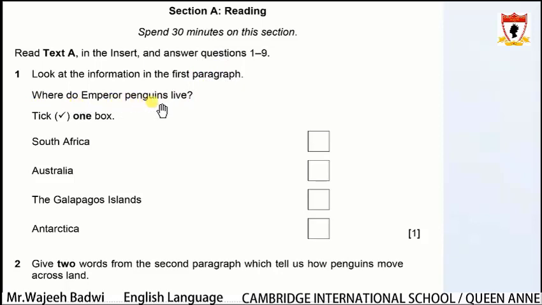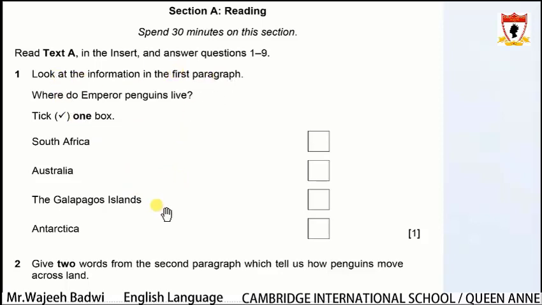Where do emperor penguins live? Do they live in South Africa? Do they live in Australia? Do they live in Galapagos Island? Do they live in Antarctica? Okay. Let's read the paragraph again, the first paragraph.